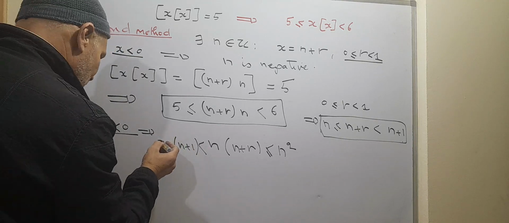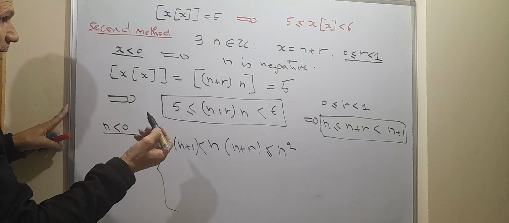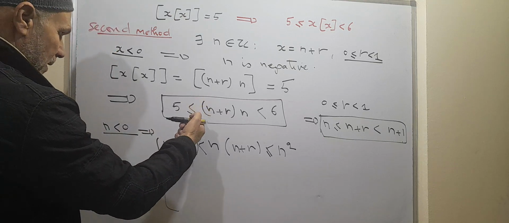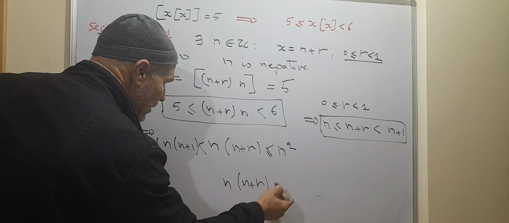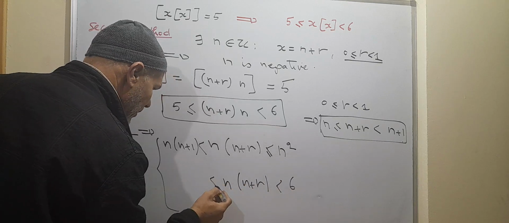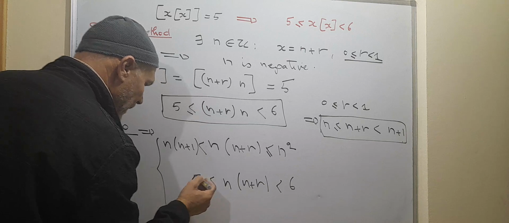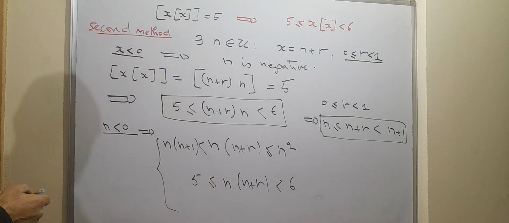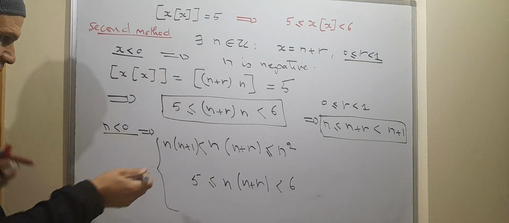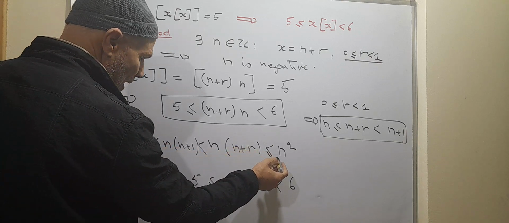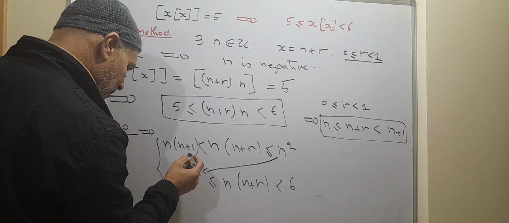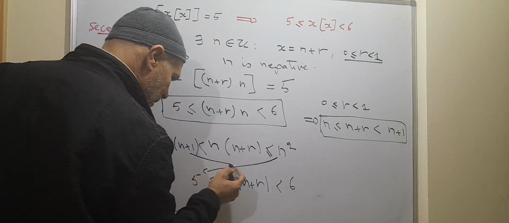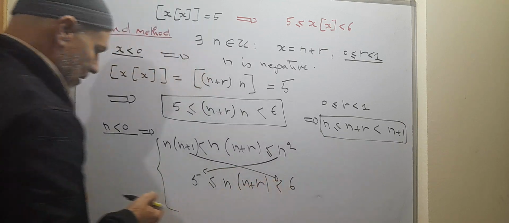This is the first inequality. And the second inequality is this one. We have n times (n plus r) strictly less than 6 and greater or equal to 5. What we can deduce is that n squared is greater than 5, and n times (n plus 1) is strictly less than 6.